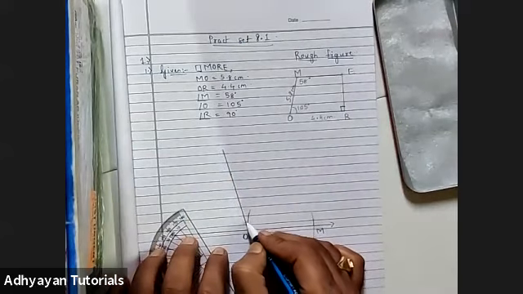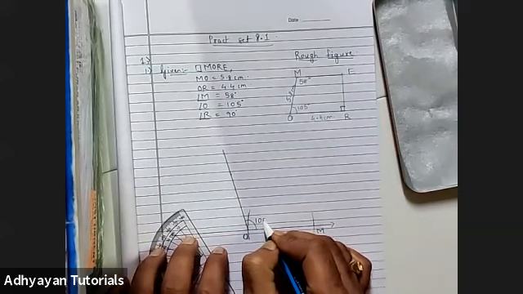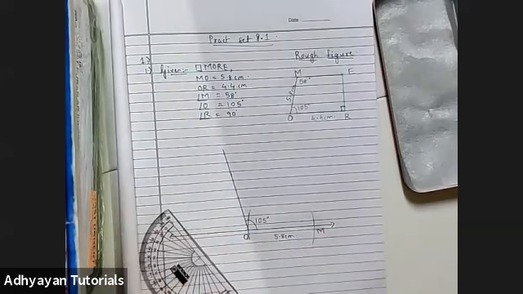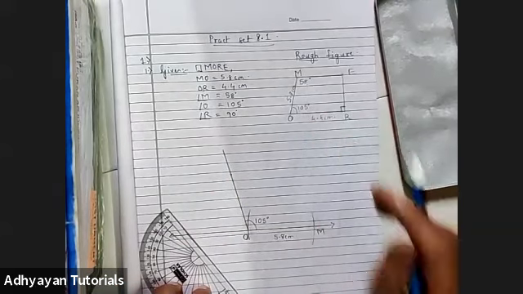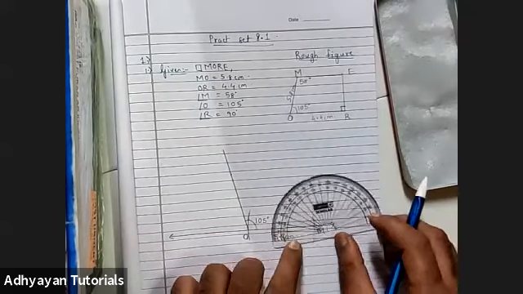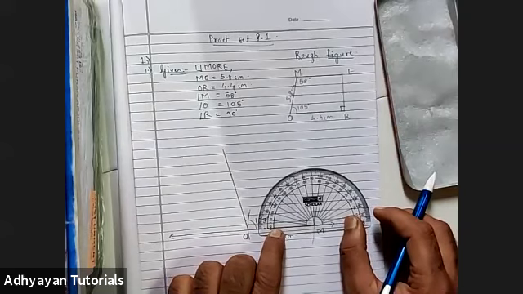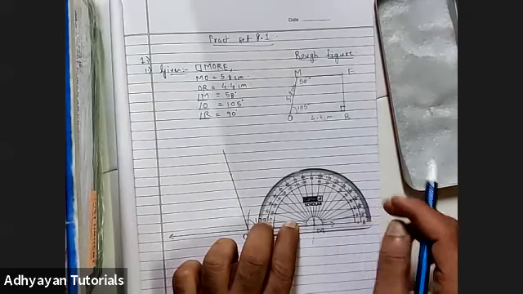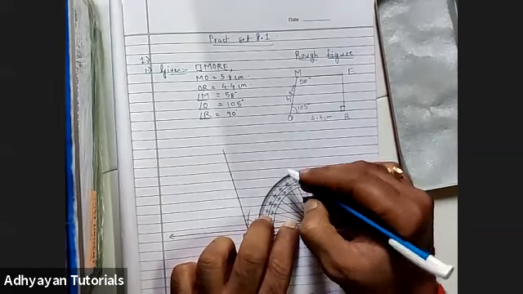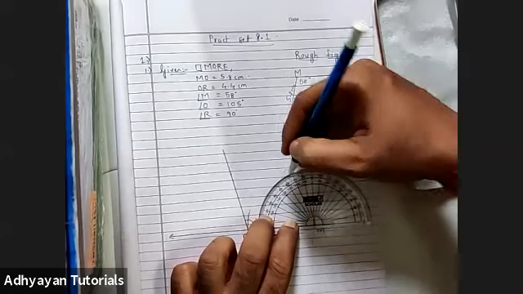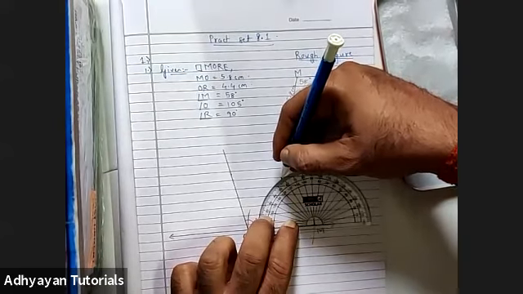So this angle, children, is 105 degrees, right? The next angle which we need to draw is 58 degrees, that is angle M. And since it is an acute angle, it has to again come on the left hand side with respect to this point M, 58. So here I can say 50, I can say 60, 58 is right here. Not wearing my specs.